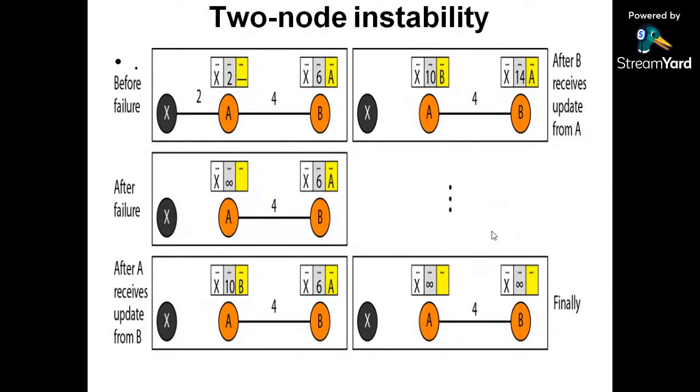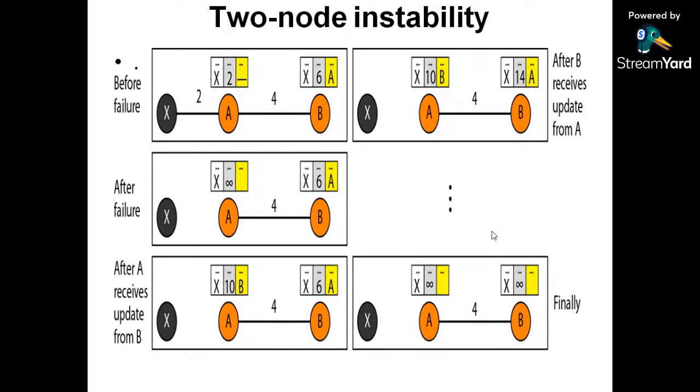Now, before failure, what is two-node instability? The example shows the distance or cost. We start with x, and the cost to reach a from x is 2, and to reach b the value increases to 2 plus 4, 6, from a.